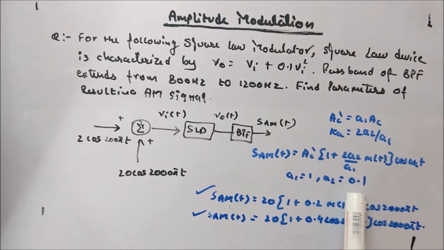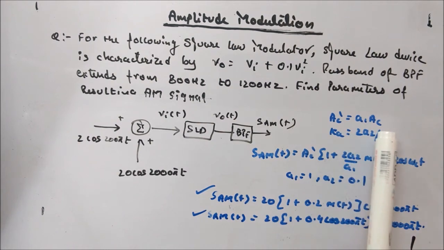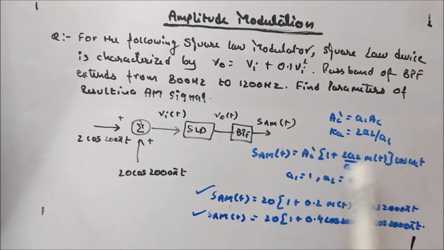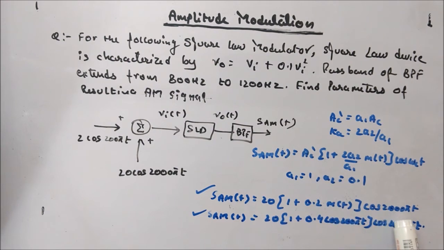If you plug in the values, Ac dash is A1 into Ac, A1 is 1 and Ac is 20, so you can write 20. Then 1 plus 2A2 divided by A1, which is 0.2, so 0.2 m(t) cos 2000 pi t.